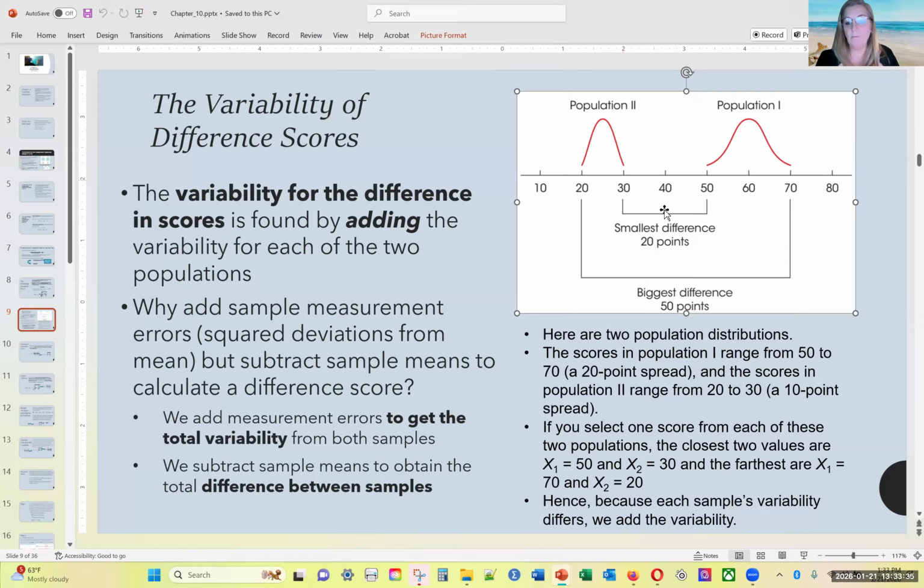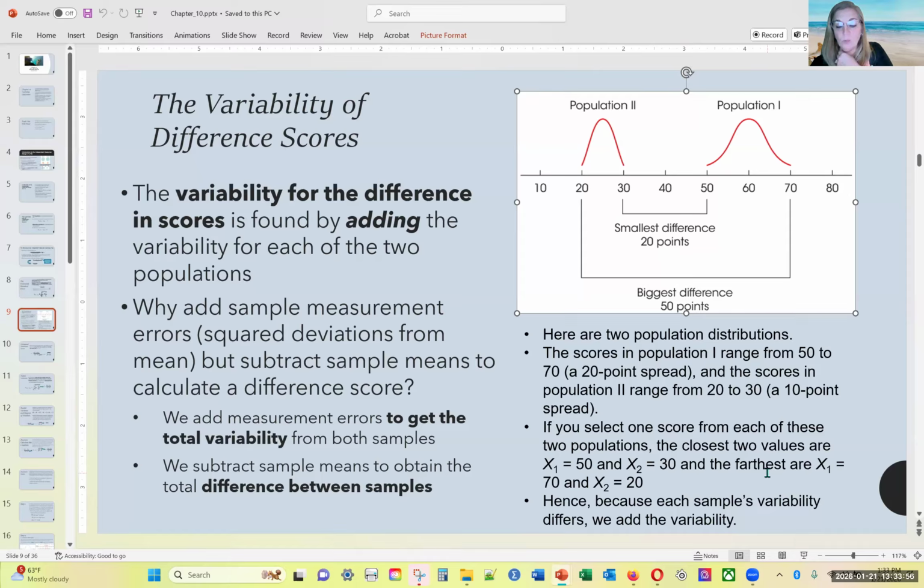So see from here, between this sample distribution and the second sample distribution, the smallest difference here is 20 points. And the scores in population 2 range from 20 to 30 points, which is a 10-point spread.